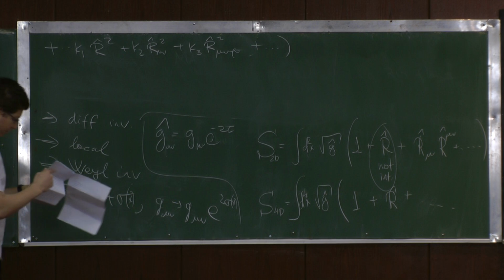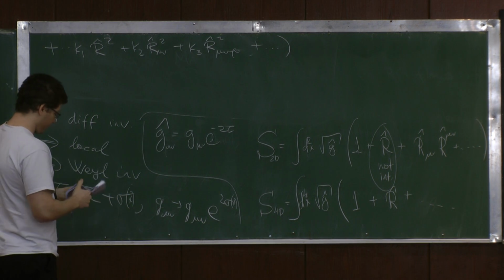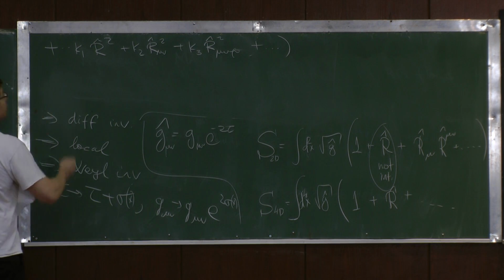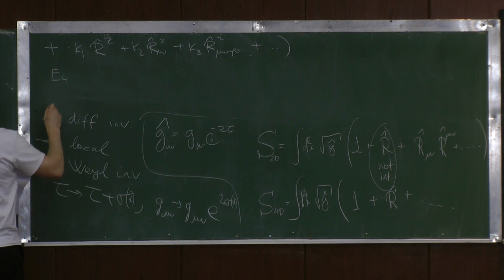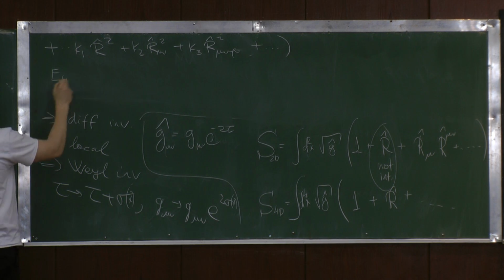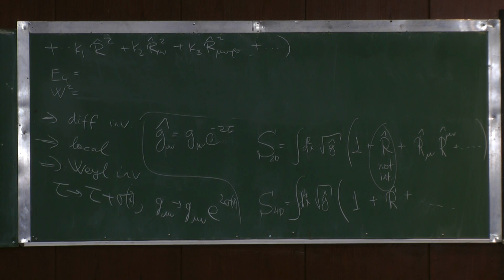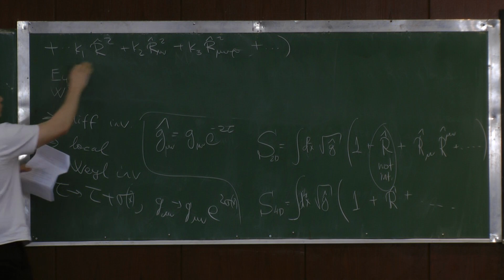It's slightly easier to use a different basis of terms. Instead of using the Ricci and Riemann tensors, you can switch to the Euler density and the Weyl tensor squared. In 4 dimensions they are given in terms of polynomials of these.